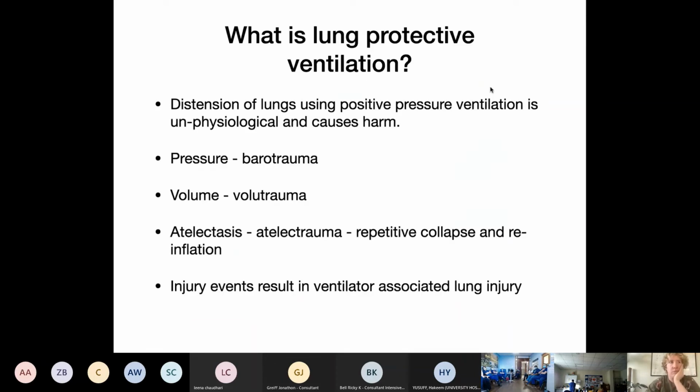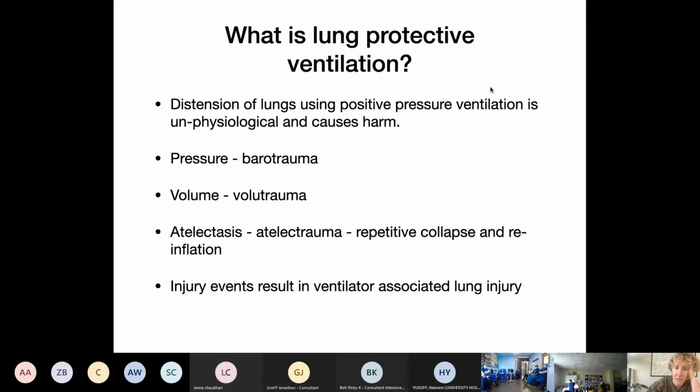So there's a pretty accepted strategy for ventilating patients on intensive care, known as lung protective ventilation. And we're going to talk now about why we do that and how things have changed. So distension of the lungs using positive pressure ventilation is unphysiological, and it does cause harm.